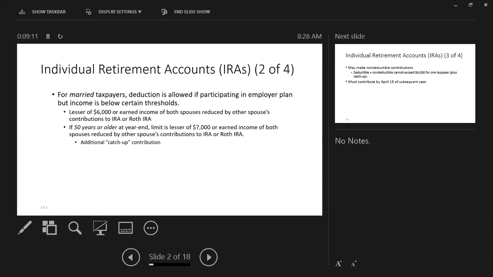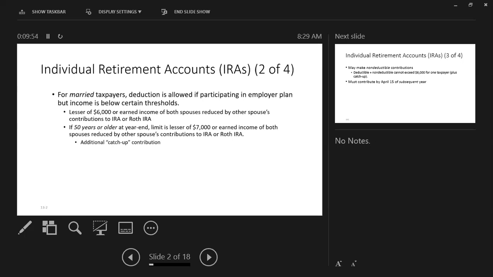So here it goes. Their phase-out starts now, and you have to be careful here because there are different phase-outs for different situations. If one of the spouses is an active participant in the employer's retirement plan, and the assumption is the other spouse isn't, if your MAGI together is less than $104,000, okay, fully deductible contributions.